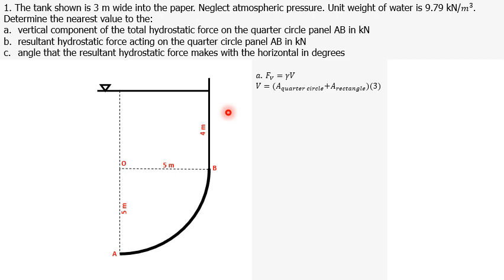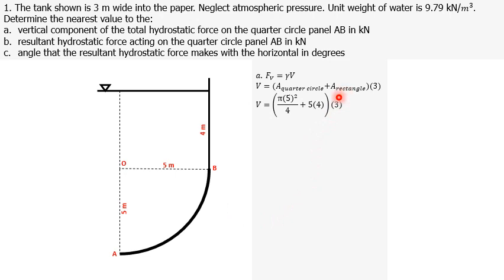So for the volume, the area being considered is the area of this quarter circle plus the area of this rectangle multiplied with the width perpendicular to the paper, which is 3 meters. So let's substitute. For the area of a quarter circle, that's equal to pi r squared over 4, where our r is 5 meters.